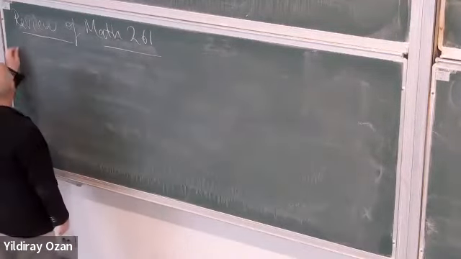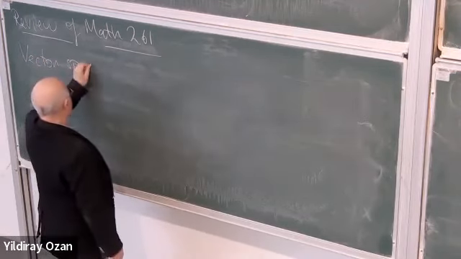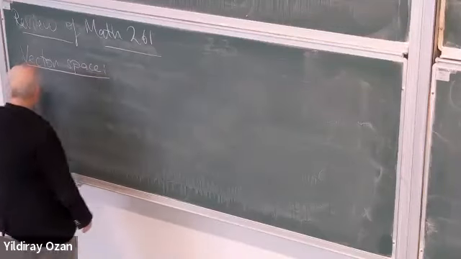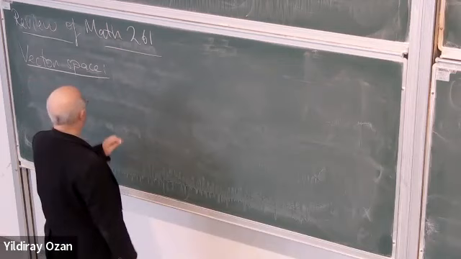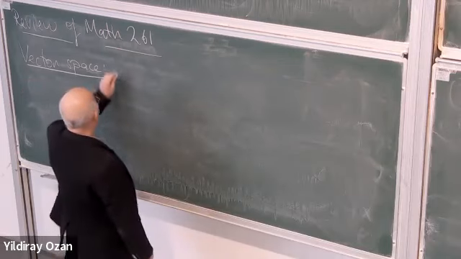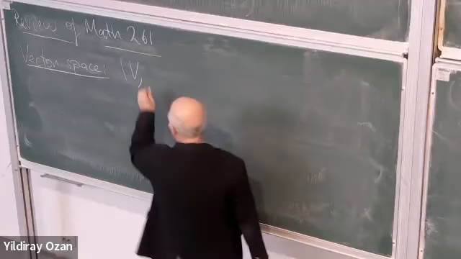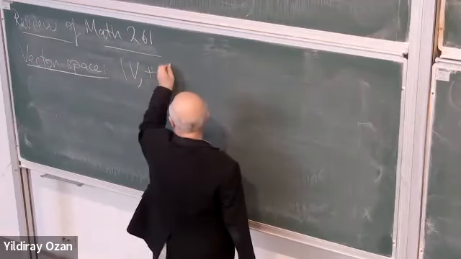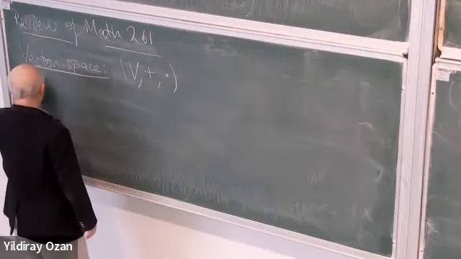So let's start with the definition of a vector space. What's a vector space? A vector space is a triple: a set B and two operations.